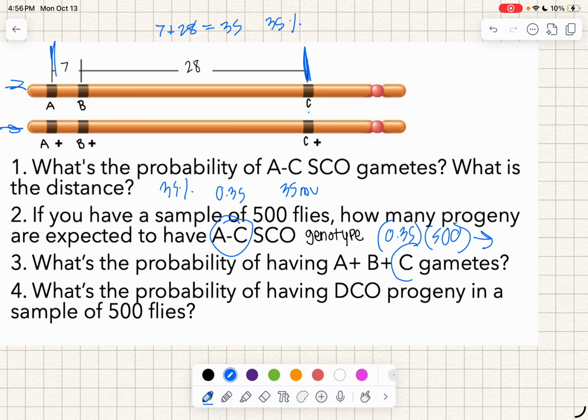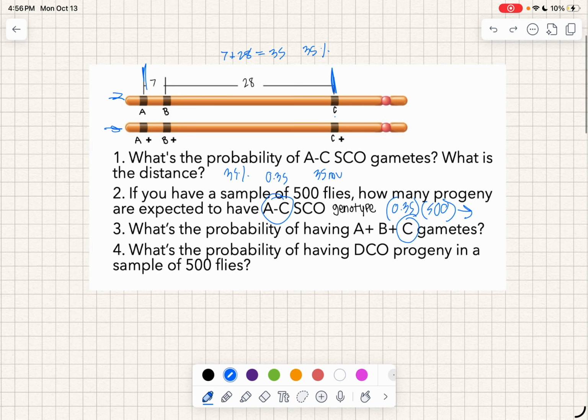The fact that this one is different from this one shows that these two have recombined. The C's of those two have recombined. Okay? And it's asking for the probability of having this genotype specifically.